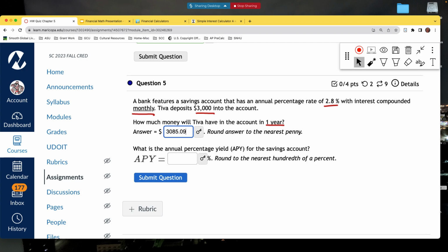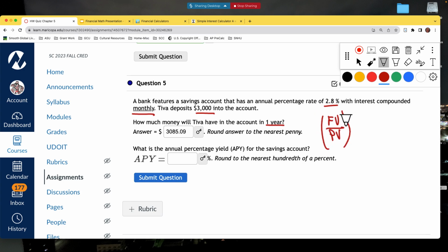And I just want to show you how we can do this. So the APY, annual percentage yield, so remember this is not total return, it's annual return. So for this one, we have the future value divided by the present value raised to the 1 over y power.